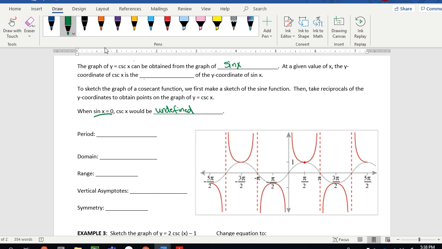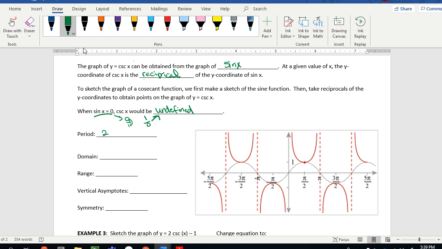Reciprocal. Okay, so it's undefined because if you put y as 0 over 1, you flip it and get the reciprocal, 1 over 0. Okay, it's the end of the day and I'm trying to get this made. My apologies. 1 over 0, which is undefined.